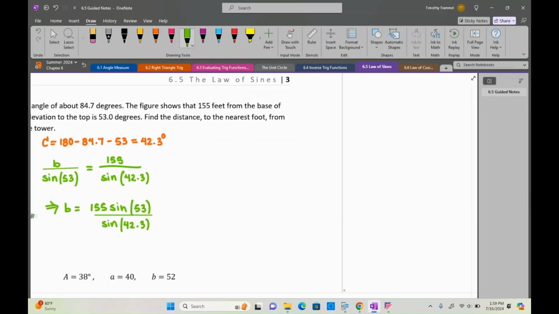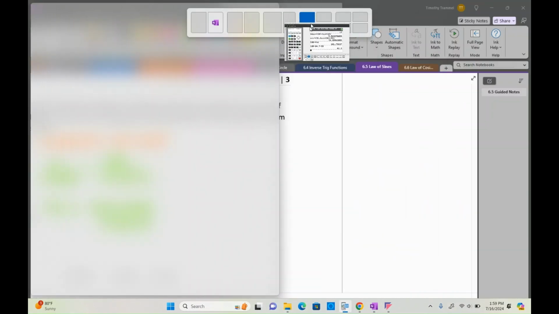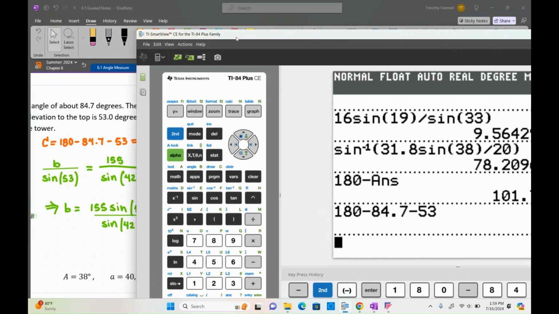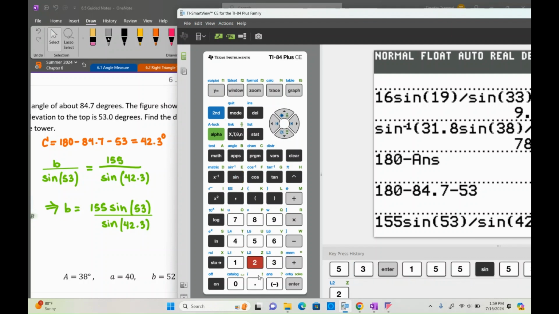All right, let's get that plugged in and see what we get. Here we go. So we have 155 sine of 53 divided by sine of 42.3.